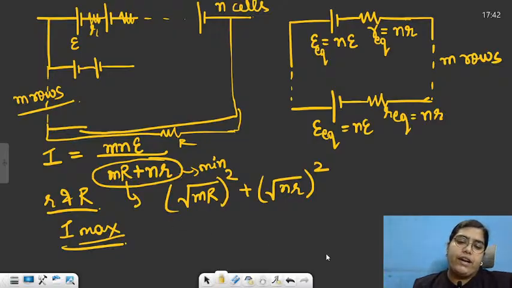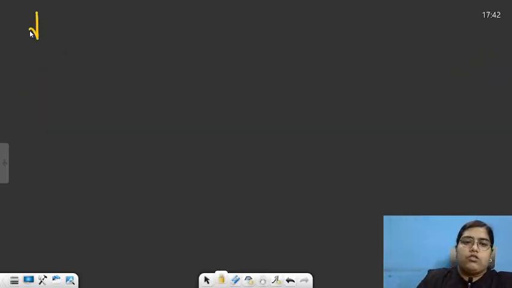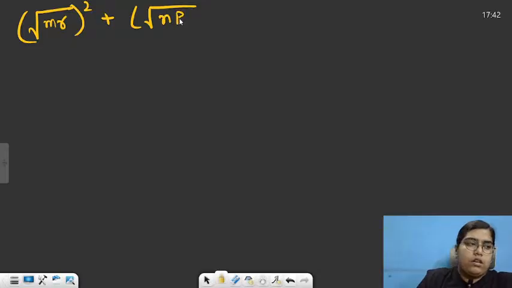So you can just simplify it using, I'll do this on the next page. So we have root mR square plus root nr square, sorry, m capital R and n small r. This was the denominator.